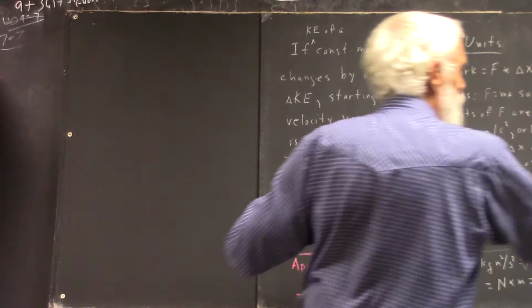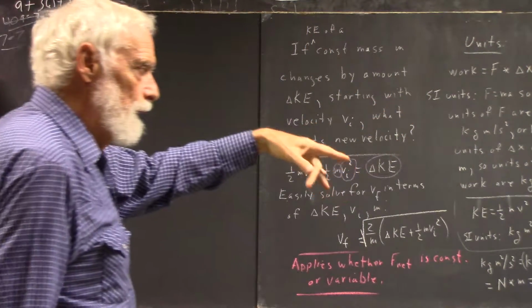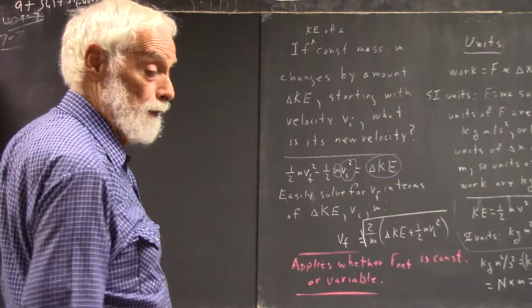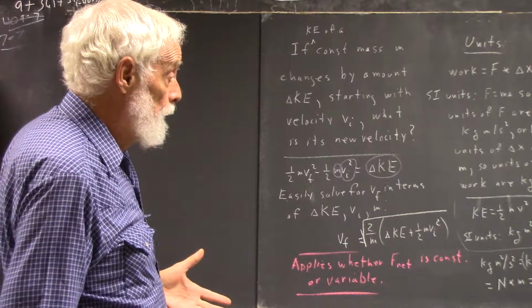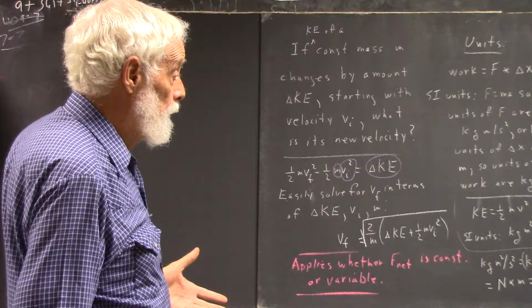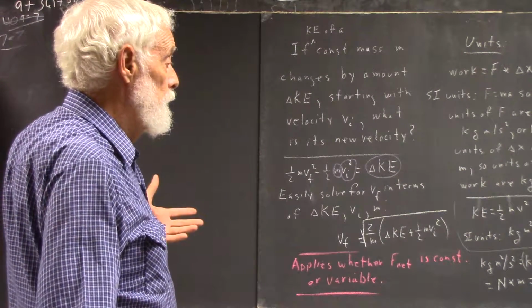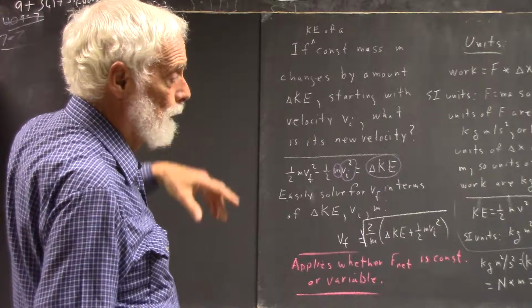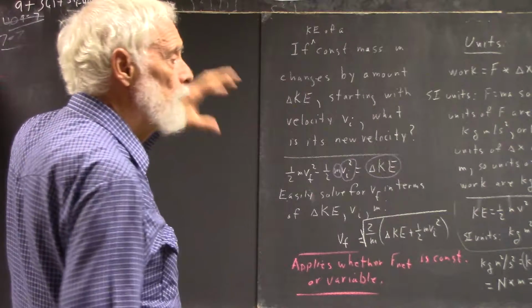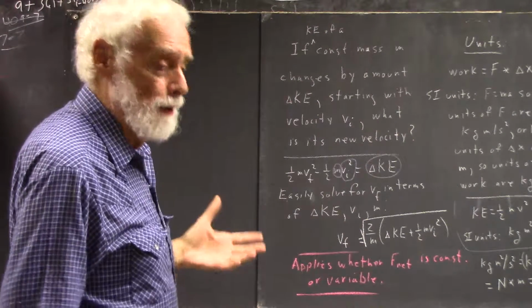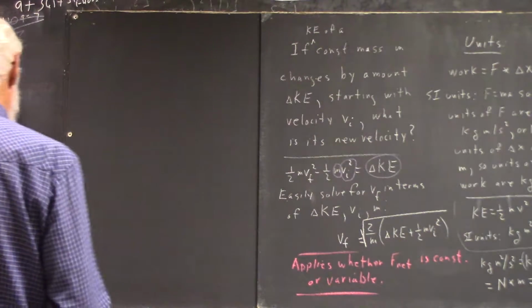Now, let's say that whatever force gave this 2 kilogram mass that 60 centimeter per second velocity is applied to something of mass 10 kilograms. Okay?